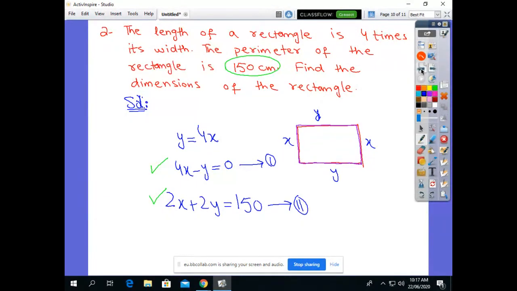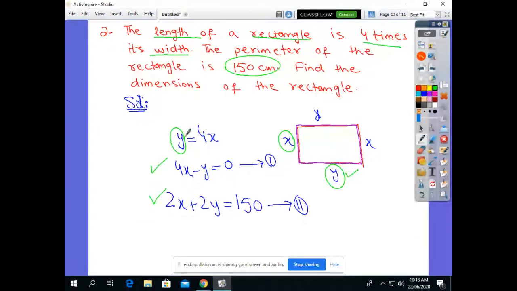The first statement is the length of a rectangle is 4 times of its width. Here we suppose that the width of the rectangle is x and the length of the rectangle is y. In the statement, it is given that the length of a rectangle is 4 times the width. Here length is y.